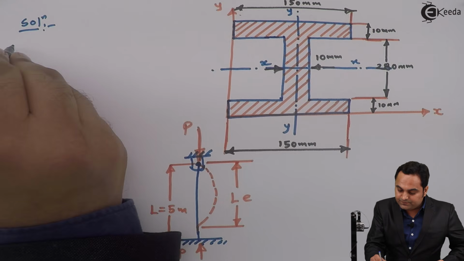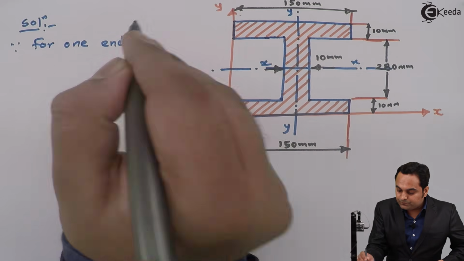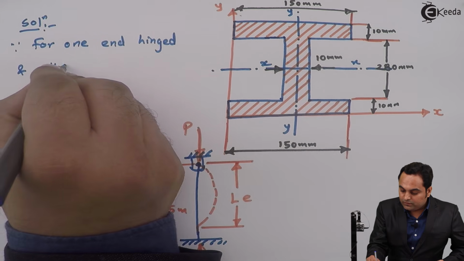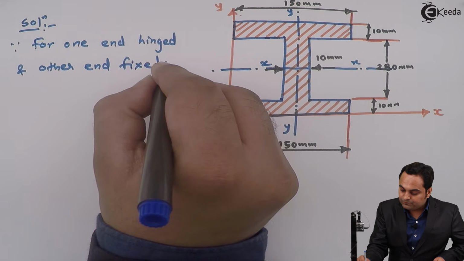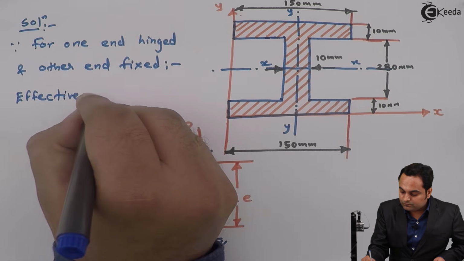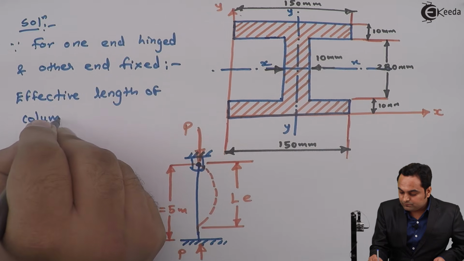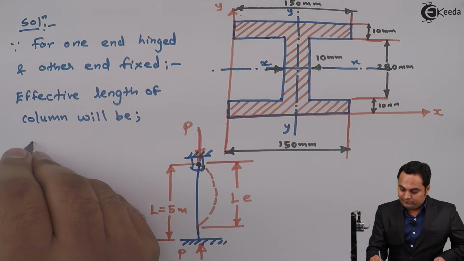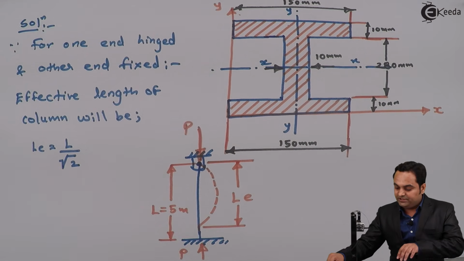I'll say that since for one end hinged and other end fixed, effective length of column will be, effective length is equal to length of the column divided by √2, because this is the end fixity condition.